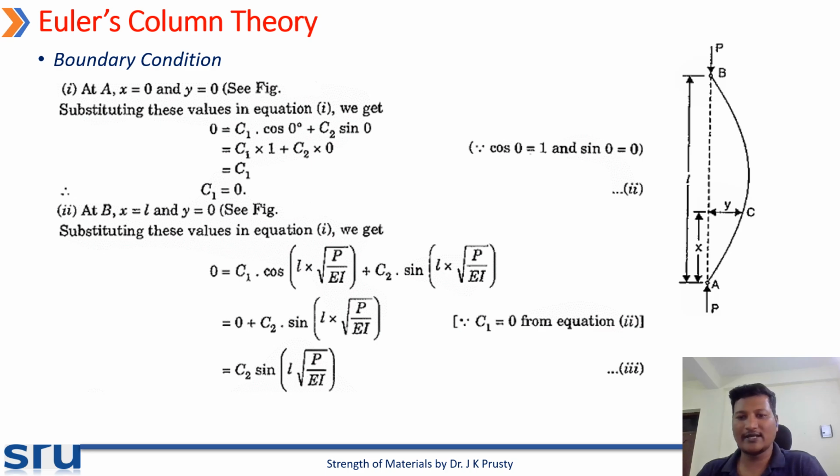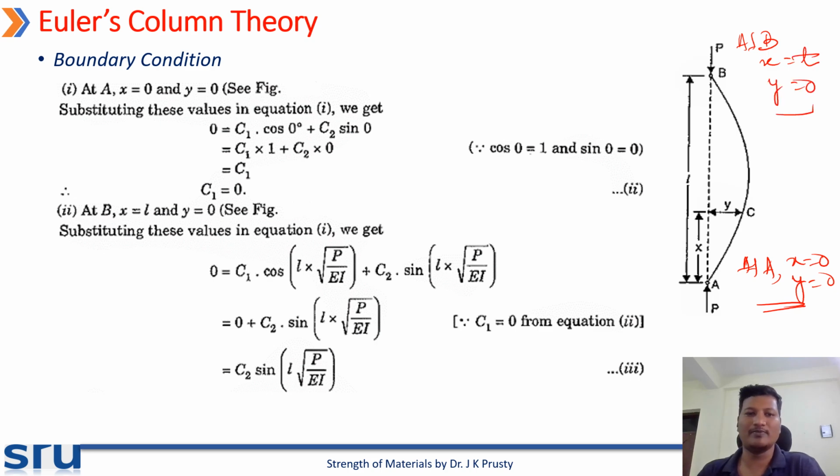One is at point A, where x is equal to 0 and y is equal to 0. This is one boundary condition. Another boundary condition is at B, where x is equal to L and y is equal to 0. These two boundary conditions we have to put in the above equation.